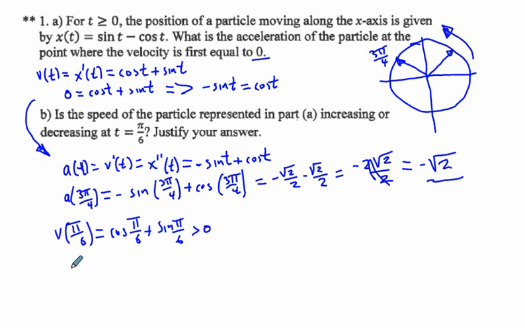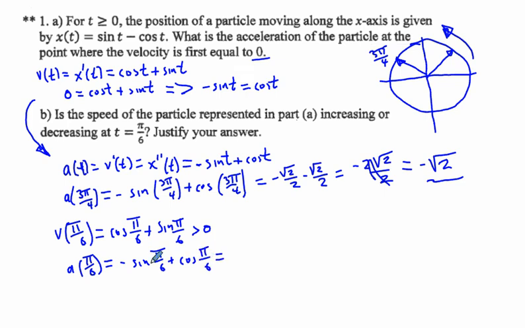And the acceleration at pi over 6 is going to be equal to, we have this function here, negative sine of pi over 6 plus cosine of pi over 6.